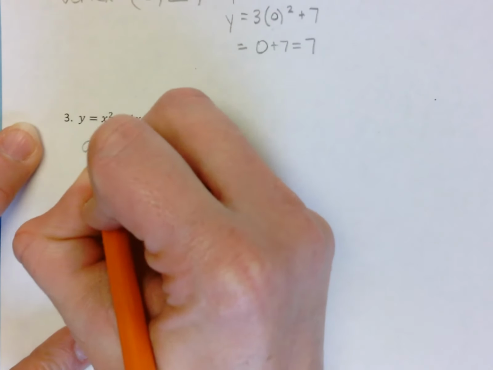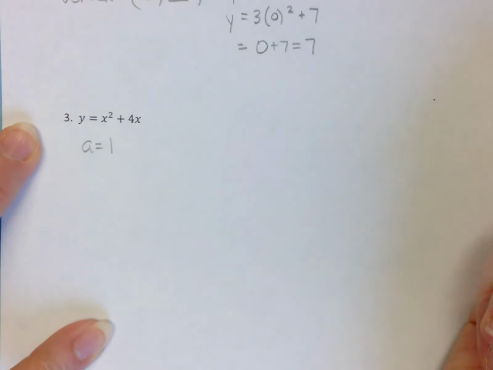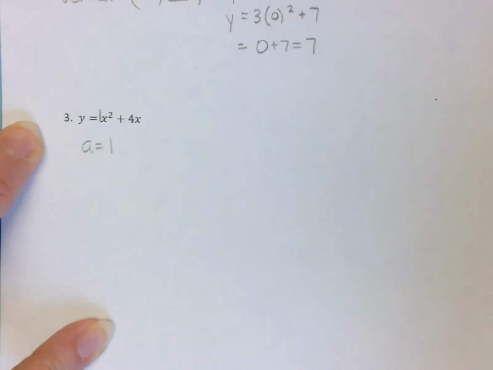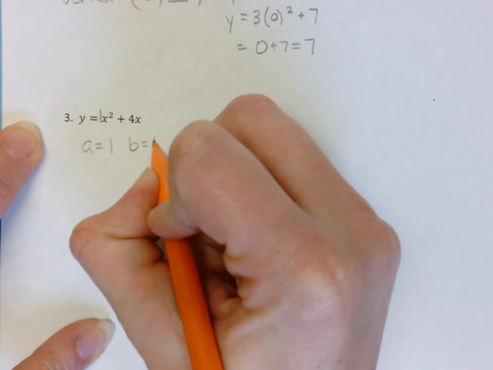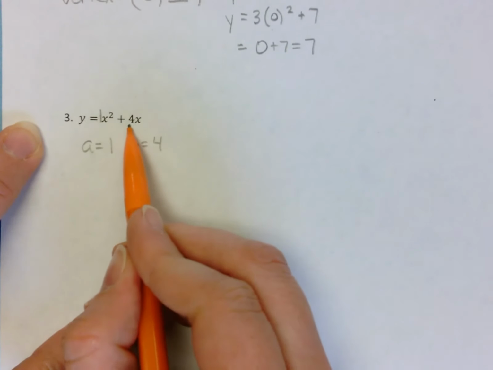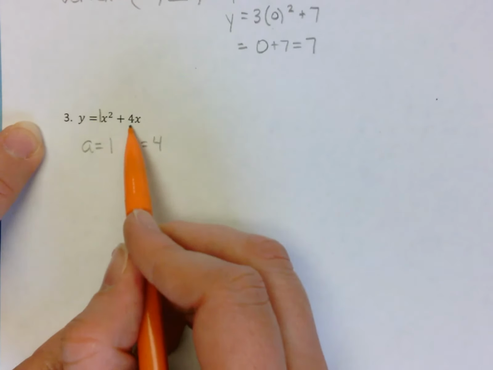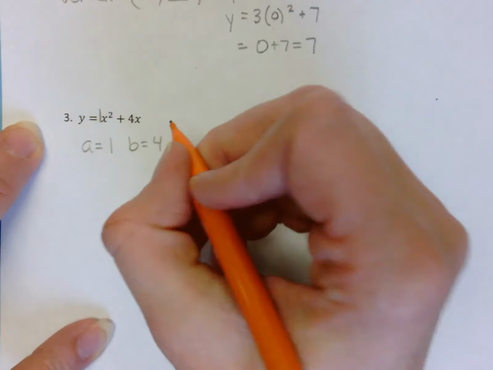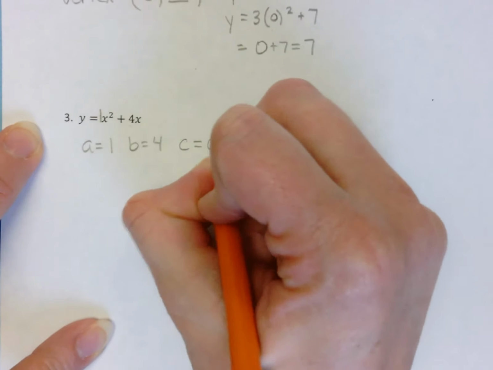A in this equation is 1. The understood coefficient will be 1 when there's no number in front of the variable. B in this case is 4. We have a bx term, so the b is the number in front of that variable x. So in this case, c is the 0.